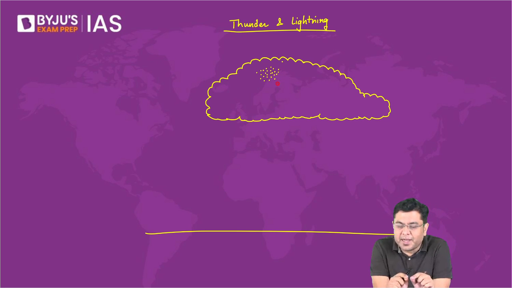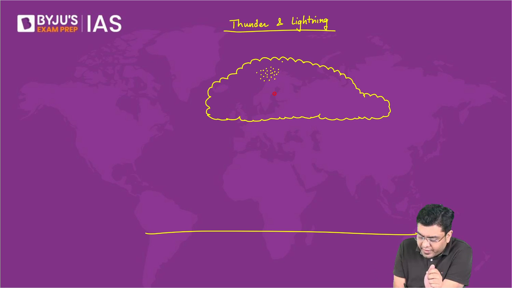As it starts dropping down, it will keep on accumulating charges from all around. Charge is what? The gaining of electrons. So by the time that the particle reaches the lower surface, it would have gained sufficient number of electrons in the process. So here the lower portion of the cloud will end up developing a kind of a charge.